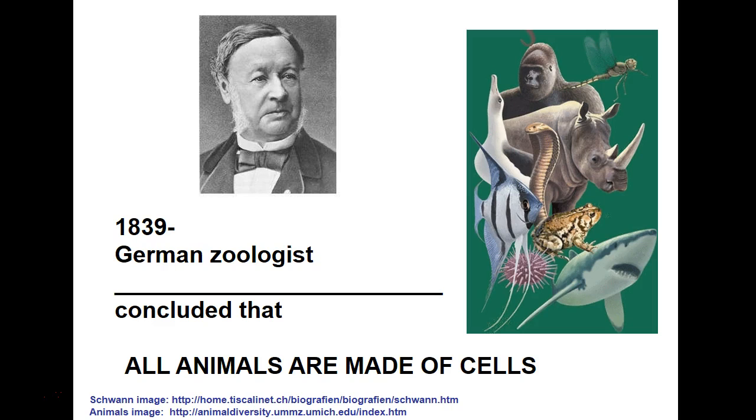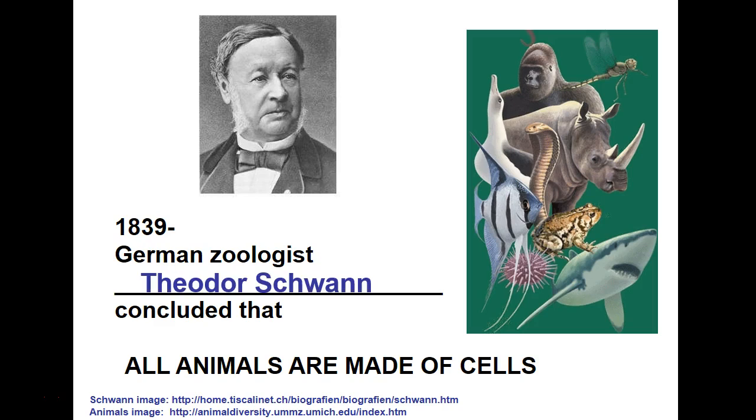1838. A year later, another German, these Germans know a lot about their cells. He was a zoologist. Instead of working with plants, he worked with animals. So he's going to say all animals are made of cells. And to remember this guy's name, it kind of sounds like an animal.